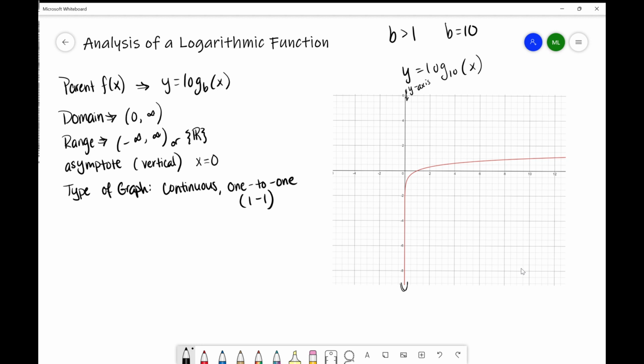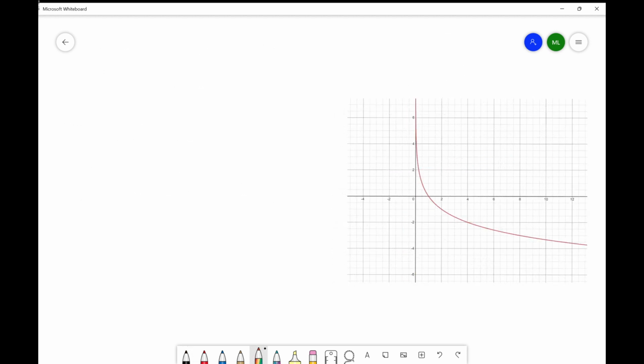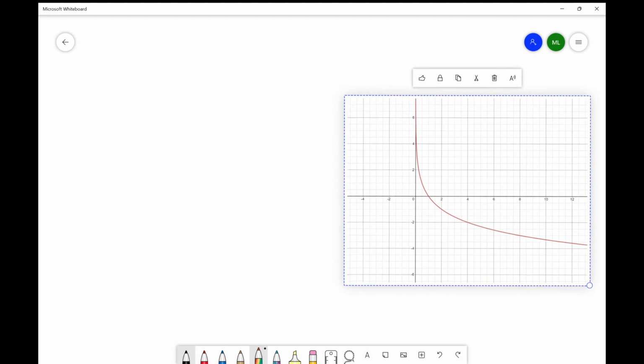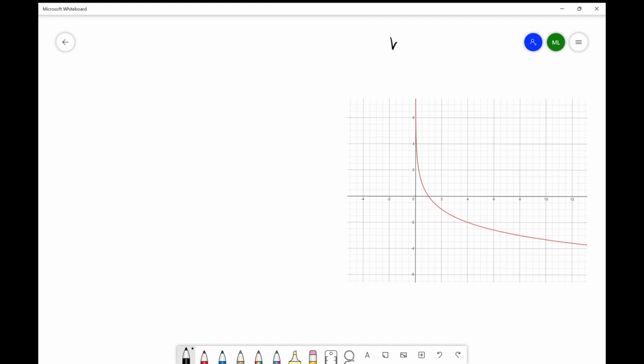Now let's look at an example where our b is a fraction. Let's look at an instance where b is in between 0 and 1. The graph I have here is log base 1/2 of x.